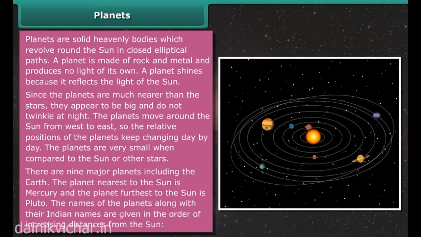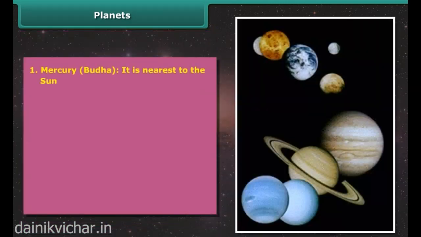There are 9 major planets, including the Earth. The planet nearest to the Sun is Mercury, and the planet farthest from the Sun is Pluto. The names of the planets along with their Indian names are given in the order of increasing distance from the Sun. Mercury, Buddha. It is the nearest to the Sun.